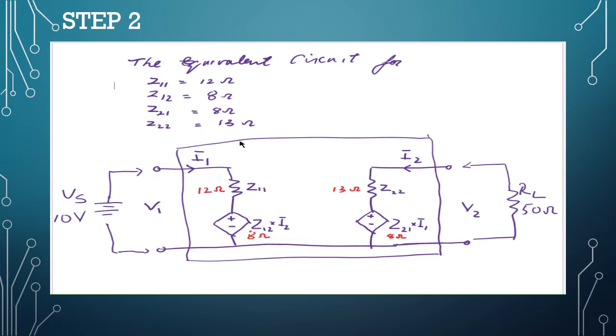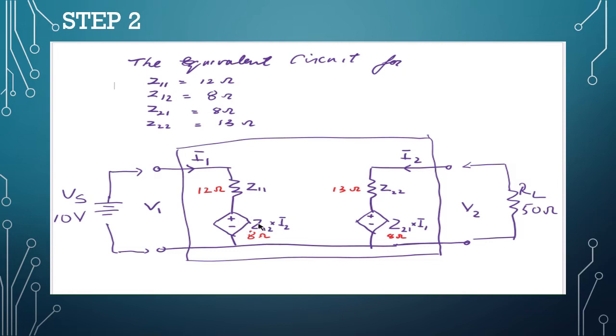Z parameters. So here we have the two-port network, and we have Z11, which is an impedance, and here we have a dependent voltage source that depends on the current I2, the current in port 2.